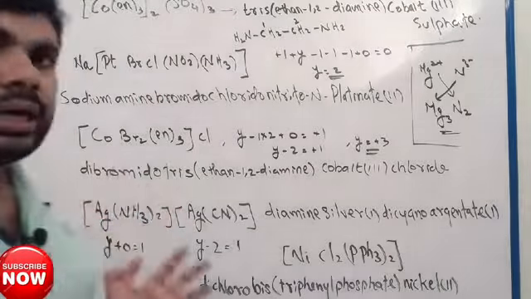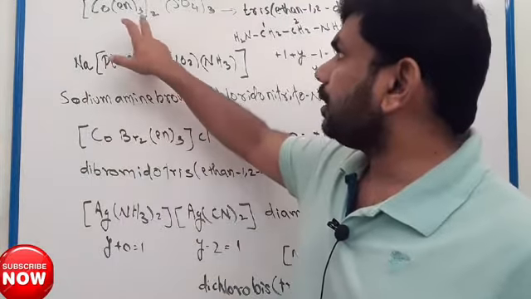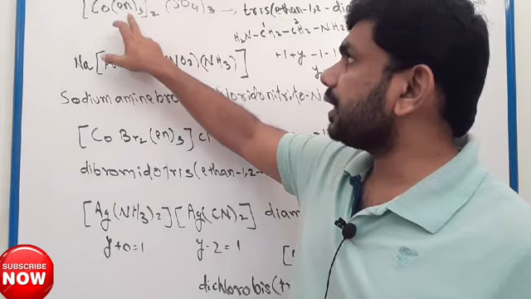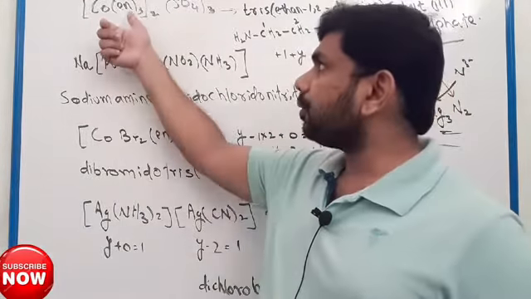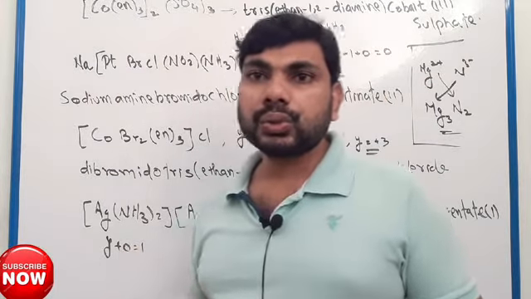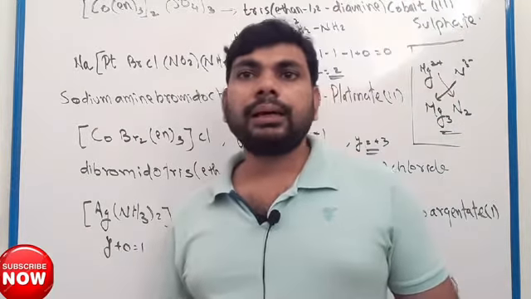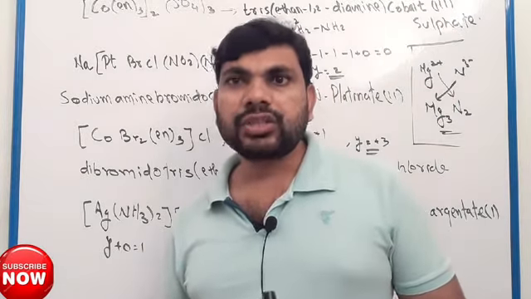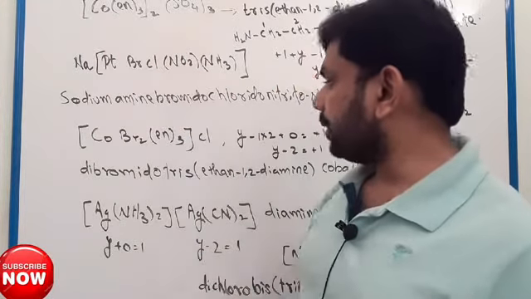So how to name this compound now? Look here, ethane-1,2-diamine is coming 3 times. So for this type of ligand we will not use mono, di, tri. We will use bis, tris, tetrakis, etc. So here ethylenediamine.